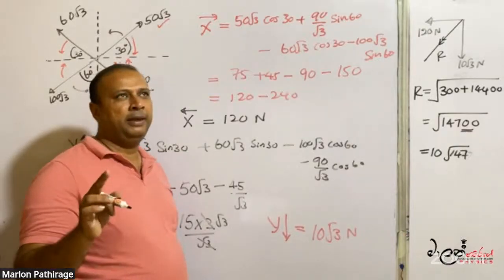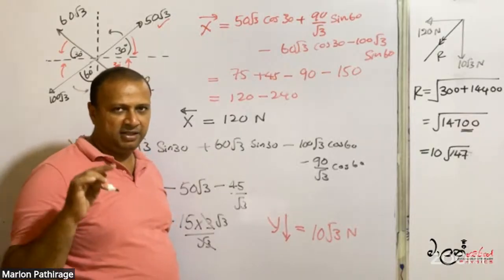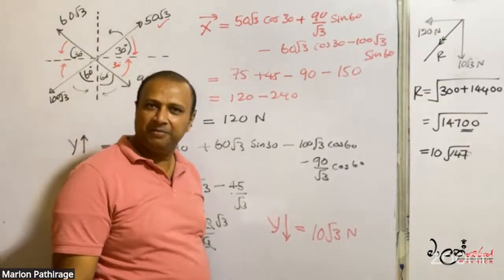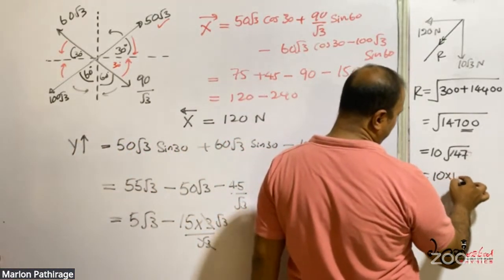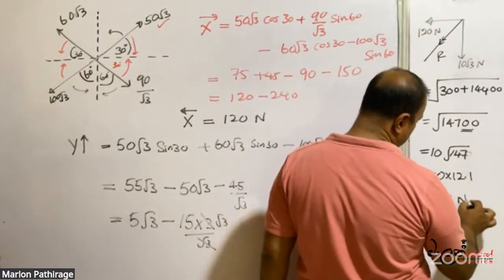Because the next one is 13, 169, this is 144, therefore 12.1 is much fair. Therefore, 10 into 12.1, that means 121 Newton.